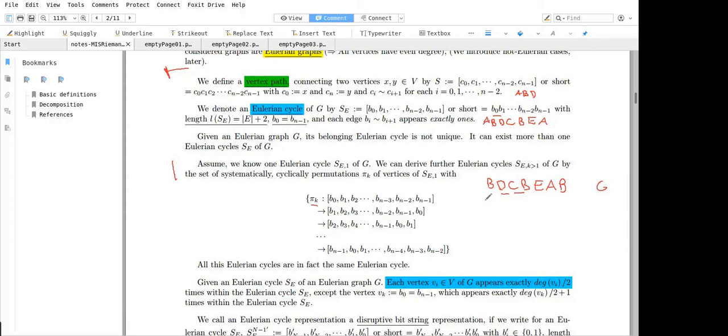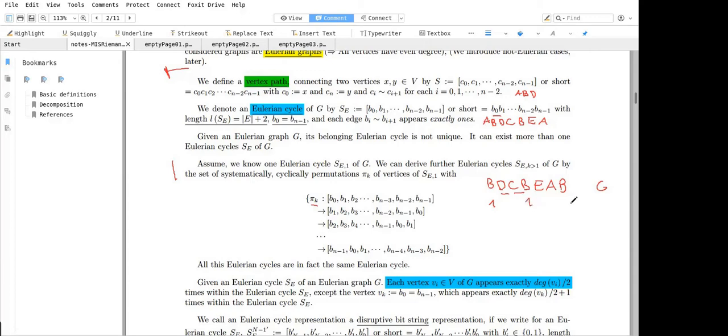Then we say, okay, we want to have in the subset the vertex B.